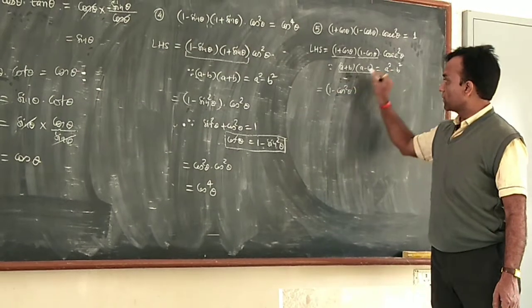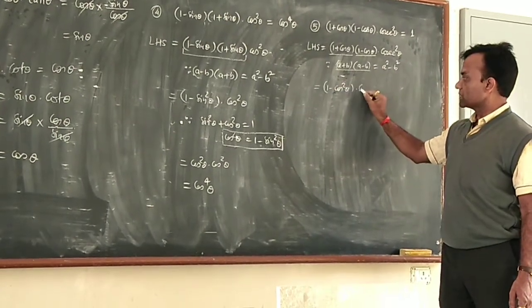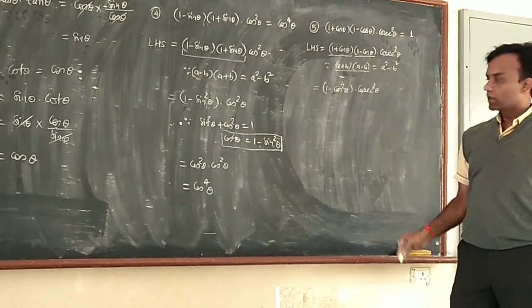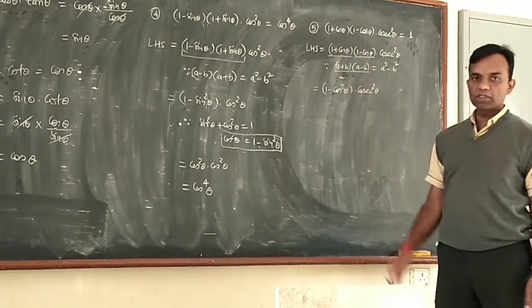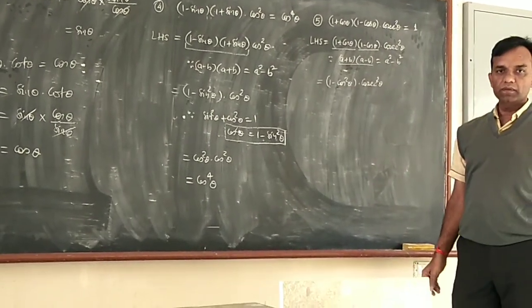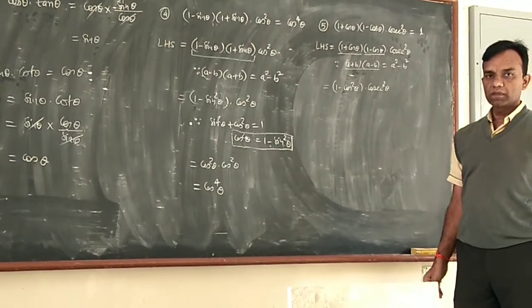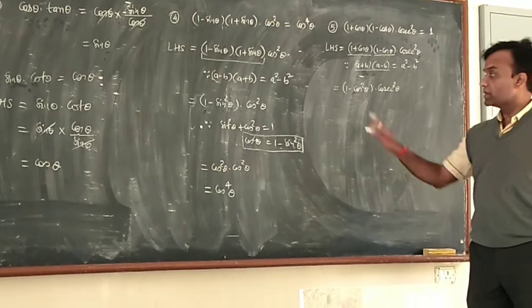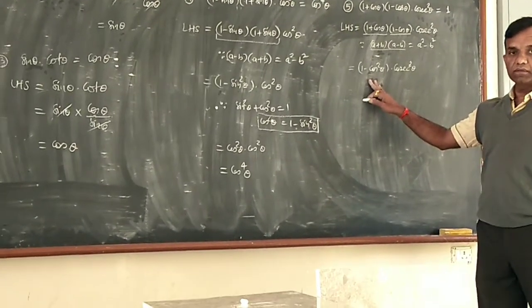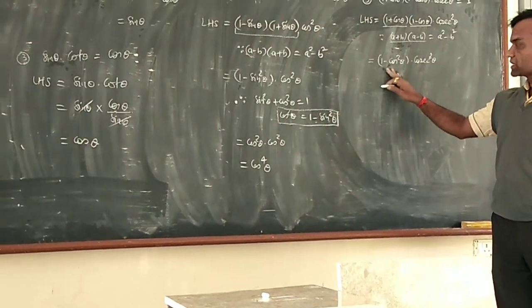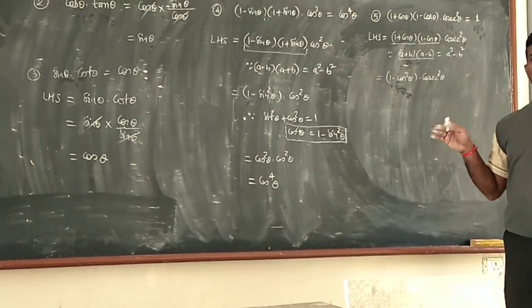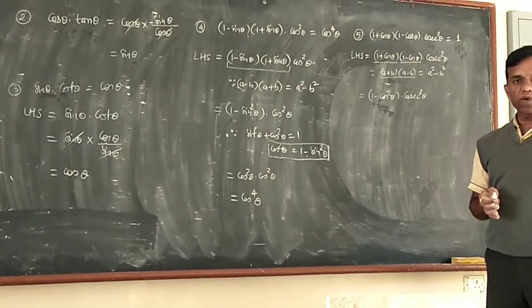Good. And what is the next term? You put cosec square theta as it is. Yes, Akash, what is the identity for 1 minus cos square? Is 1 minus cos square an identity or not? If it is an identity, then what is the result of 1 minus cos square?